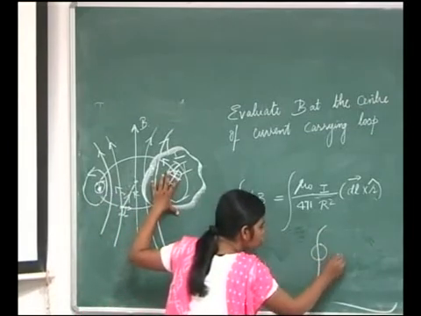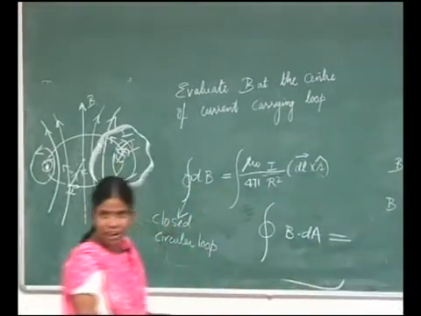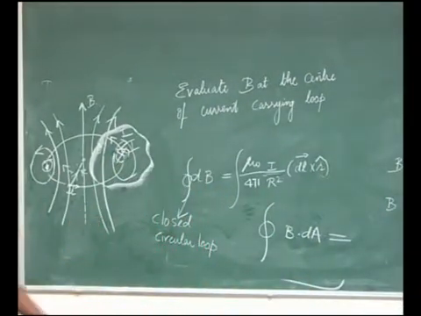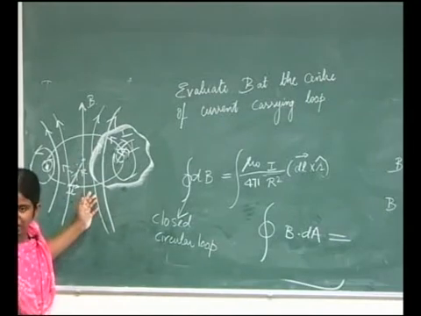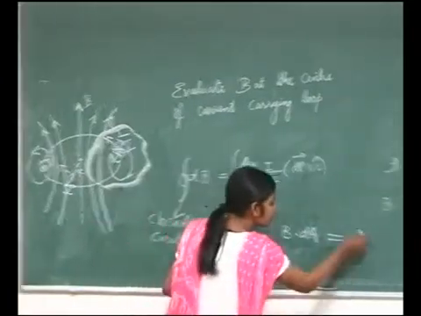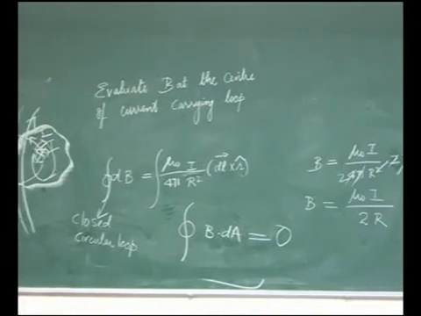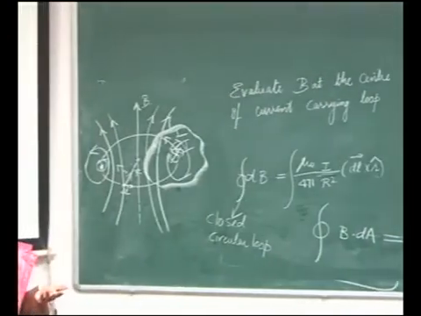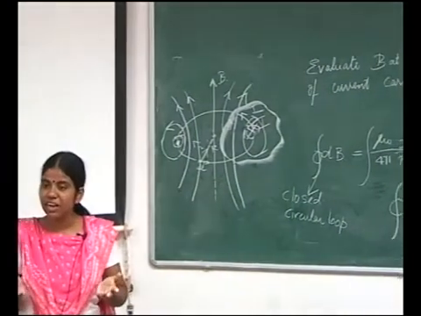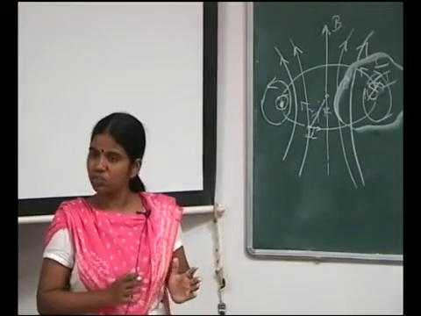over a closed surface B dot dA, I cannot write that this is equal to the magnetic charge upon mu naught, say, because magnetic monopoles do not exist, so this is always equal to 0, that is del dot B is always equal to 0. Divergence of B at any point is equal to 0 because there are no charges. There will be divergence at a particular region if and only if there is a sink or source.